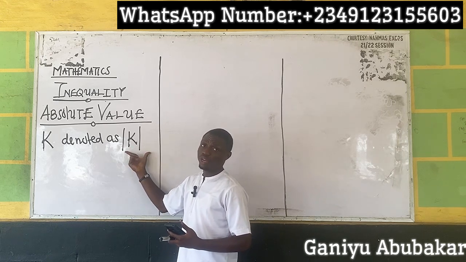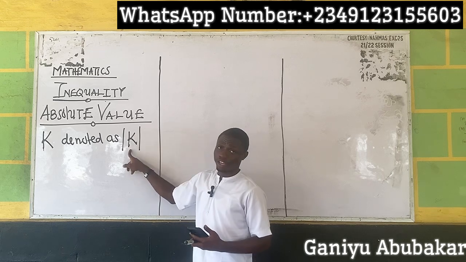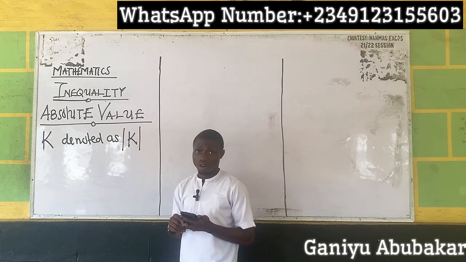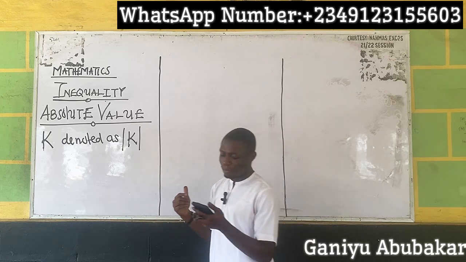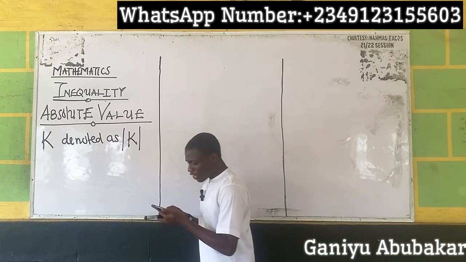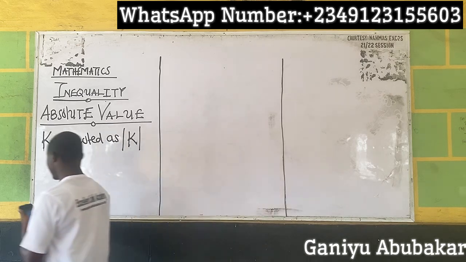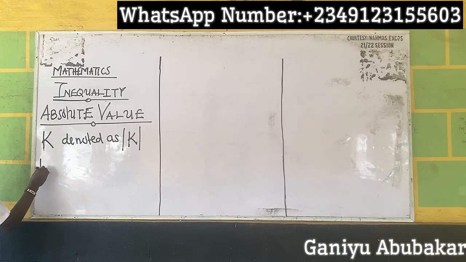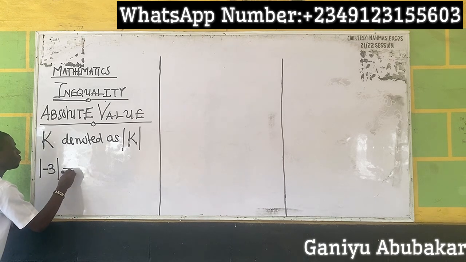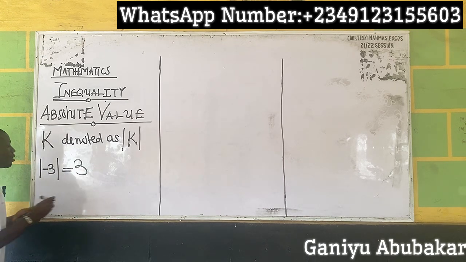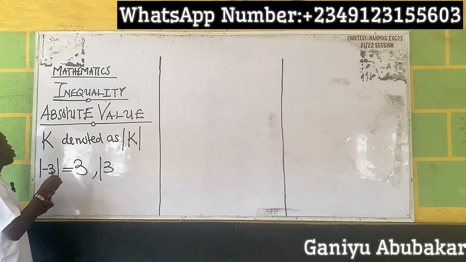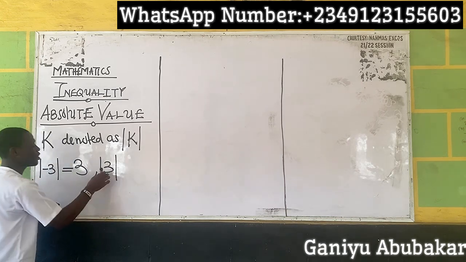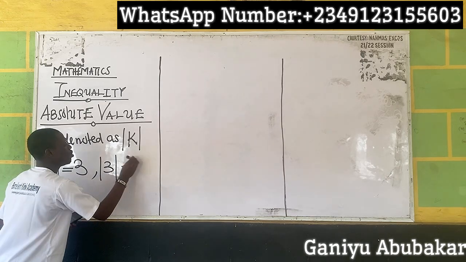If you see something of this nature, it means the absolute value of k or the modulus of k, as shown on the board, is a positive number having the same magnitude as k. Note that if I have the absolute value of minus 3, this will give positive 3. Similarly, the modulus of positive 3 gives you the same 3.